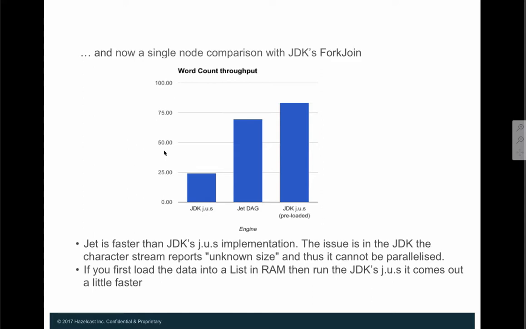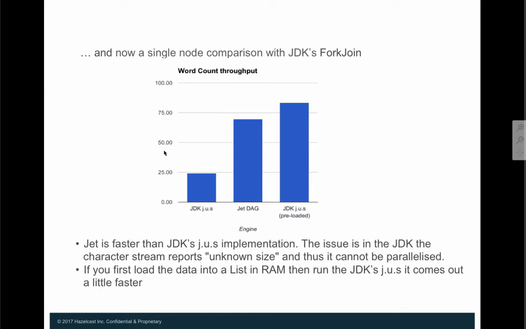And we thought this was a bit strange because we were not really expecting to beat it, because fork join pool is very optimized for this use case, and something like word count is a dream scenario for fork join pool. And apparently it's because since it doesn't know the size of the stream, it cannot really parallelize the work, whereas JIT can do this.